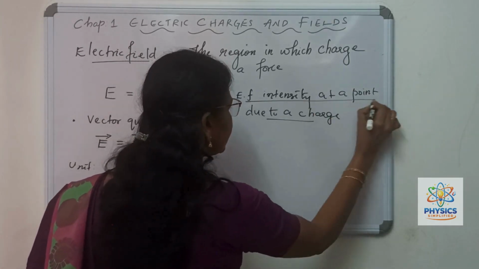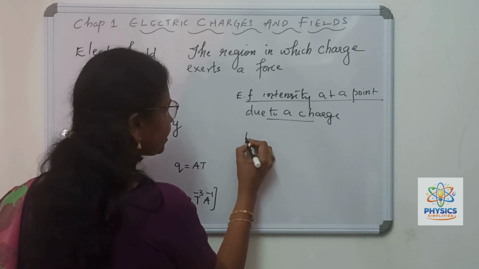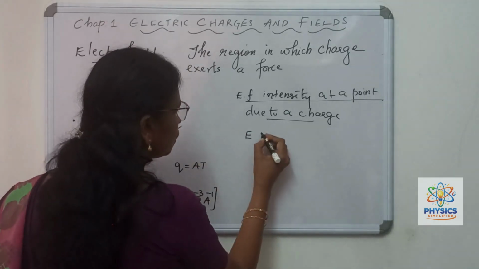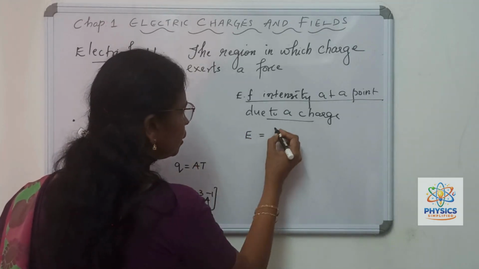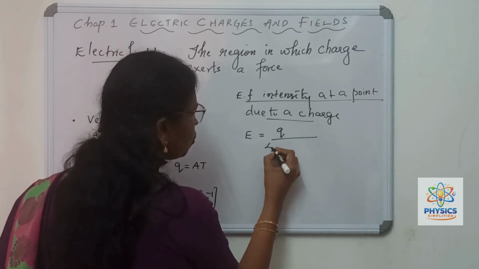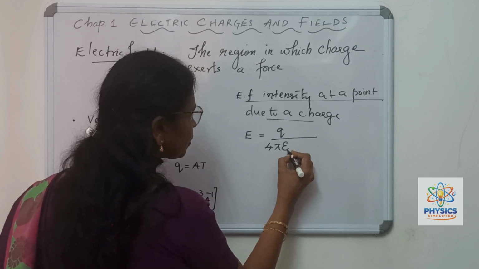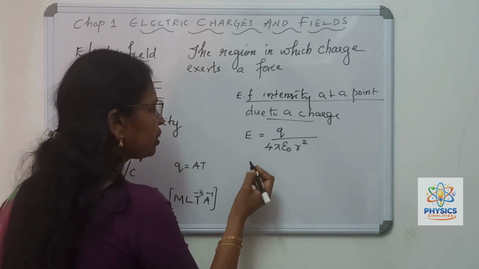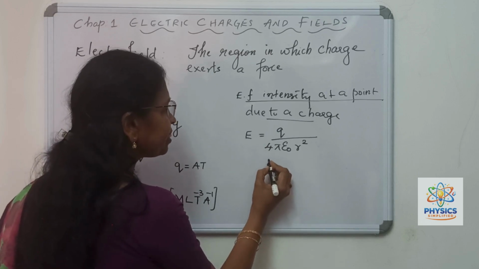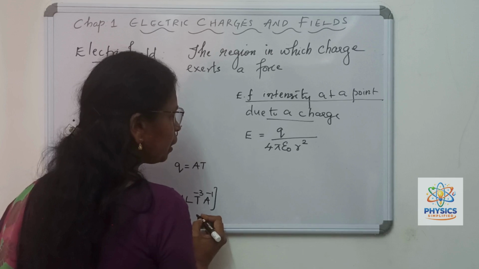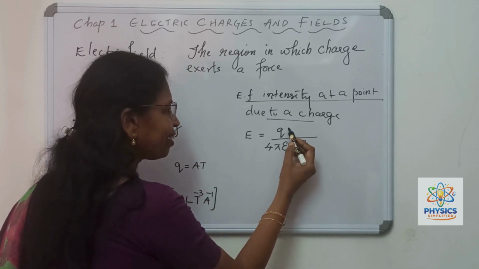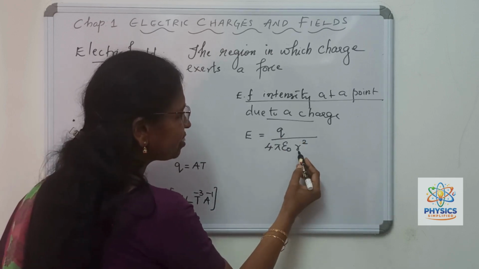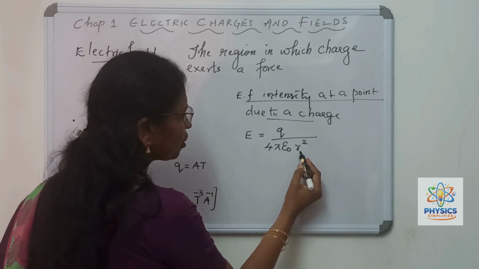Here the equation used to calculate electric field intensity is E is equal to Q by 4 pi epsilon 0 into R square. Here the electric field intensity is a vector quantity, but charge is a scalar quantity and distance is also a scalar quantity.